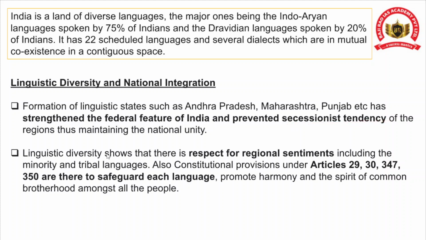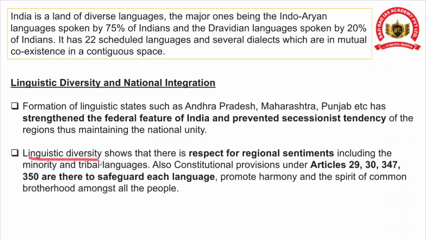However, the union leadership responded in a much better manner, and they created new states on a linguistic basis. So that has strengthened the federal feature, and it has also prevented the secessionist tendencies, thereby maintaining overall national unity.